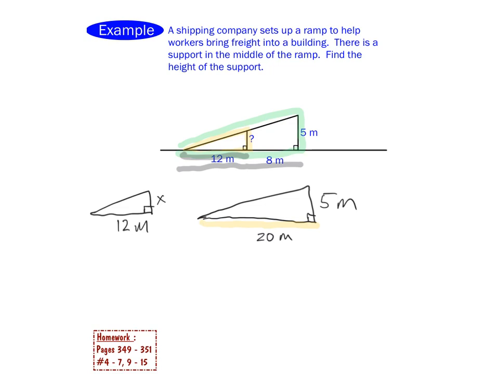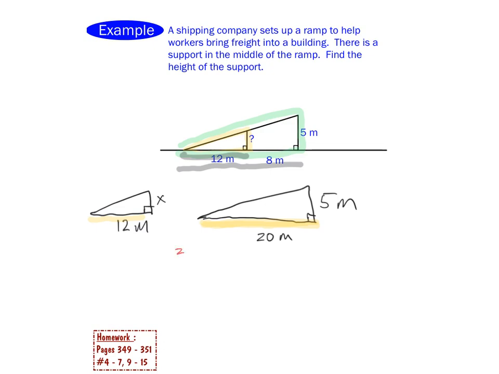Okay, so let's go ahead and use our scale factors. Most times it makes sense to take the biggest thing and divide it by the smallest thing. So the length of the ramp here is 12. The length of the ramp here is 20. Those are corresponding sides. So it would make sense to go ahead and divide those numbers together.